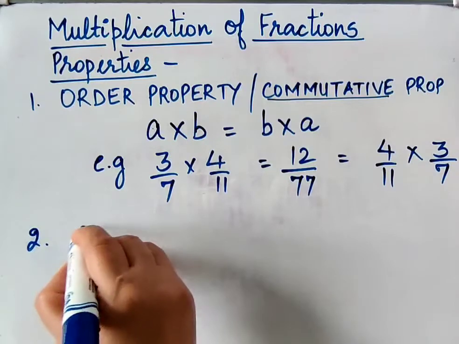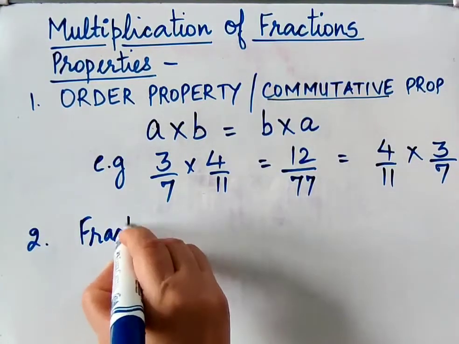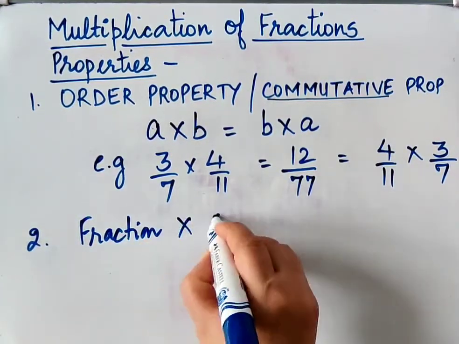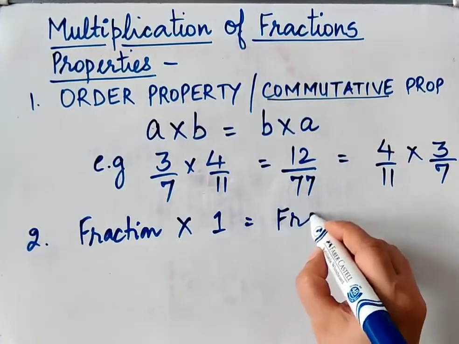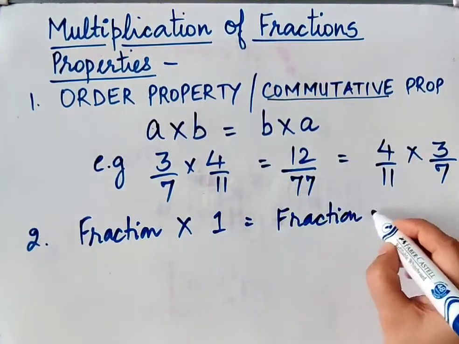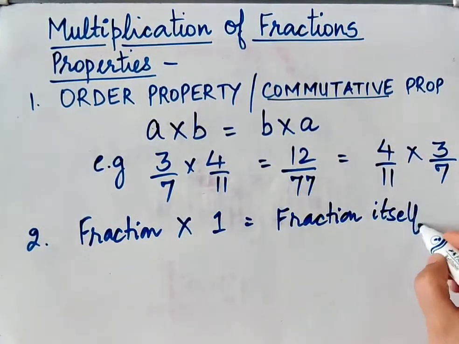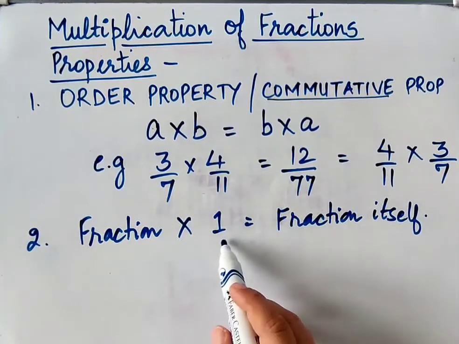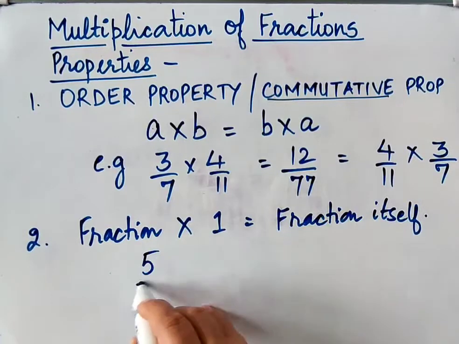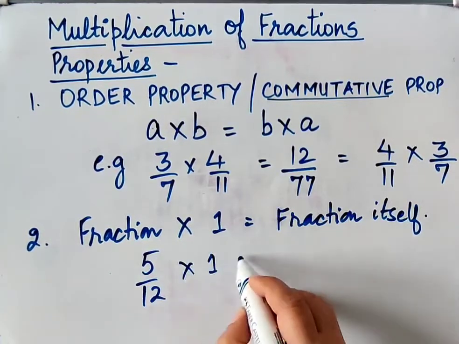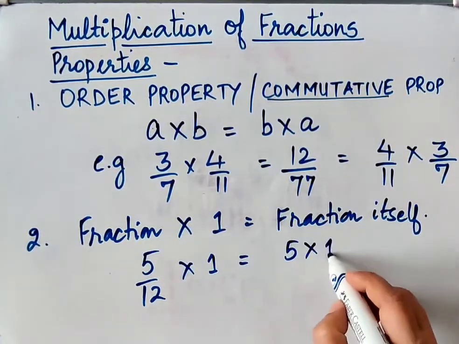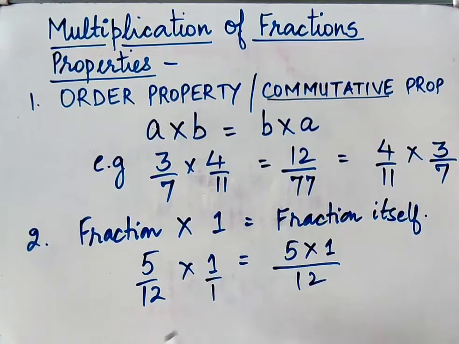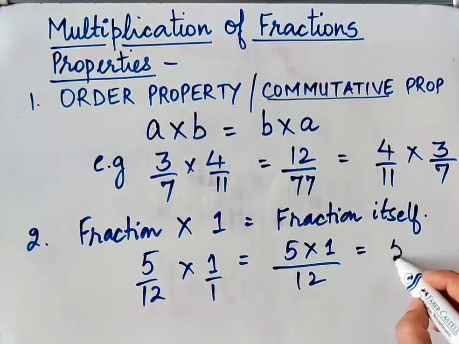The second property says any fraction multiplied by 1 will be the fraction itself. You multiply any number by 1, you get the number itself. Same is the case in the fraction also. Like 5 by 12 into 1 will give me 5 into 1 in the numerator by 12. 1 can be written as 1 by 1 simply. So this will be 5 by 12.